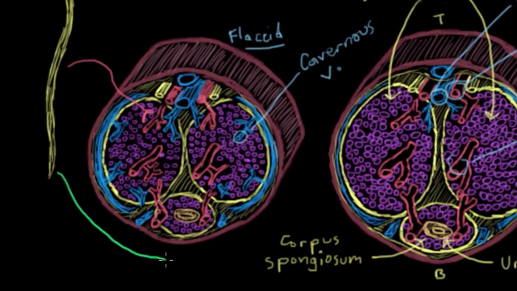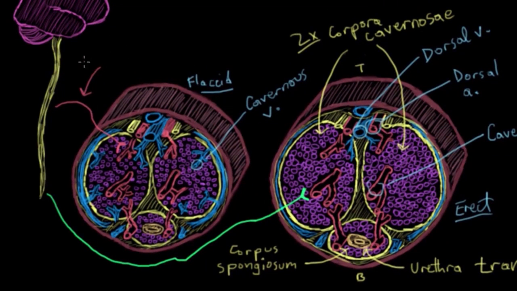But over on the other side, on the erect side, there's another neuron, actually a different type of neuron, that sends a different signal to the arterioles and results in them opening up and allowing blood into the penis. The signal that the constricting neuron sends is called norepinephrine.